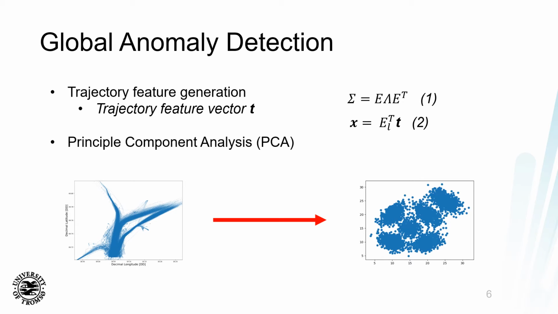So this is if you're looking at the principal components or the top components that describe the most variance in the data. So for instance, here we see that the trajectories illustrated on the left figure are projected into a lower dimensional space on the right, where one data point in this two-dimensional plane actually describes a 30-minute trajectory, for instance.